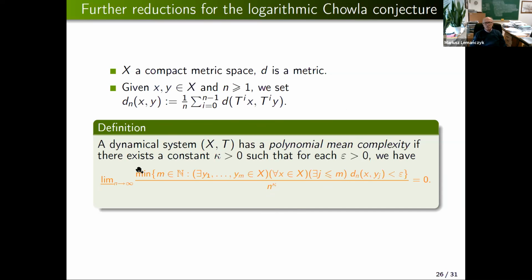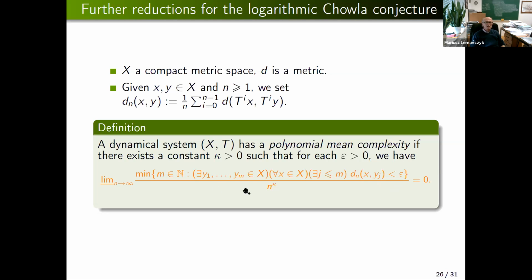Anyway, we say that a dynamical system has polynomial mean complexity if there exists a certain constant, and you see that we will be dividing by n to the k. What we are interested in is that we take this dynamical metric and try to cover our space by balls of radius epsilon, and we are interested in the minimal number of such balls covering our space. That's the concept, to capture the complexity.